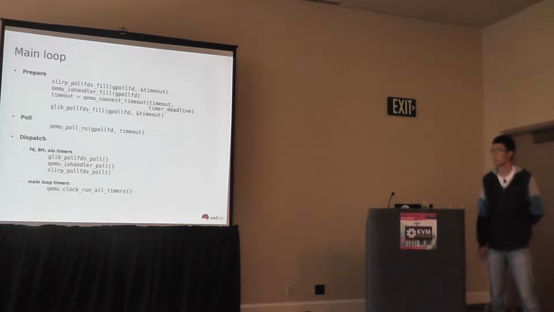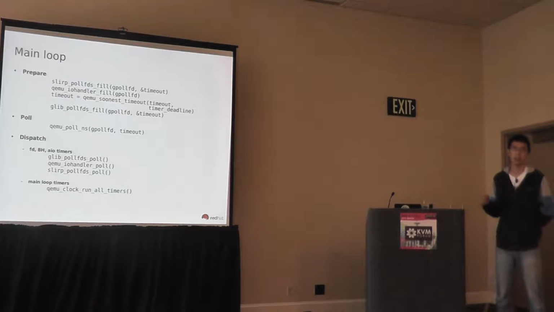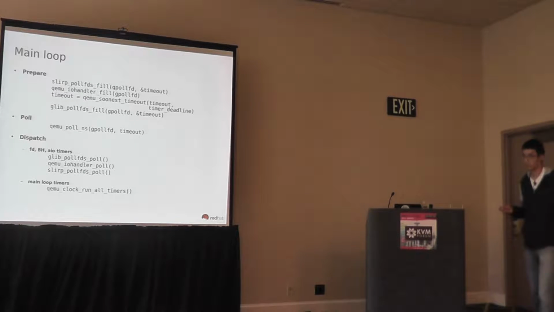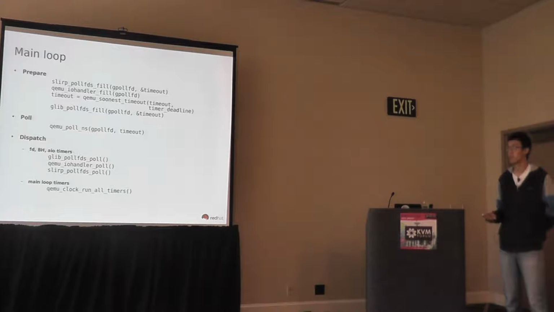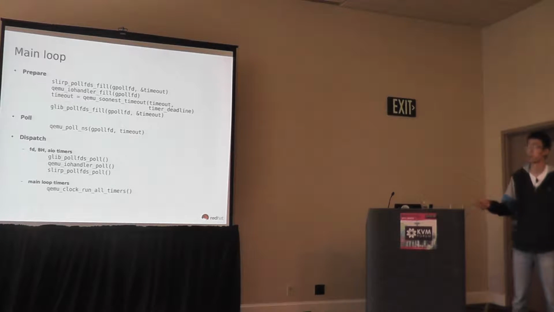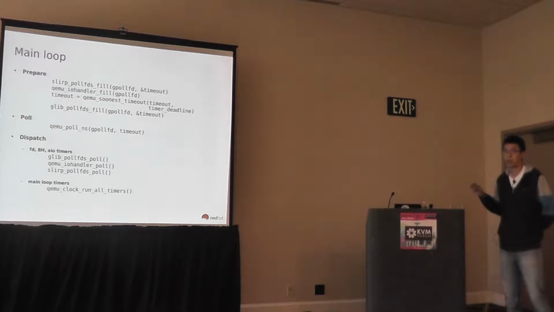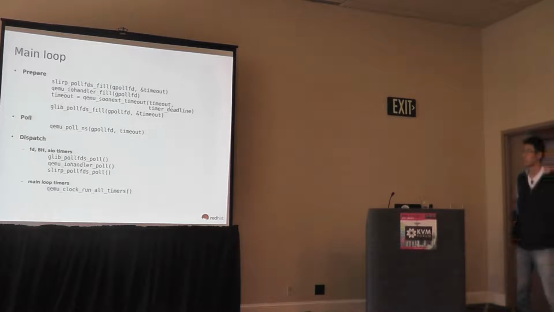When we do the poll, we will get a list of events from the system. Each event means there is some data activity happening, and we should dispatch the event. So the dispatch basically calls into each subsystem, and each subsystem will take care of calling the upper level users.